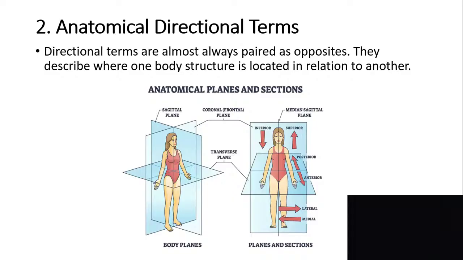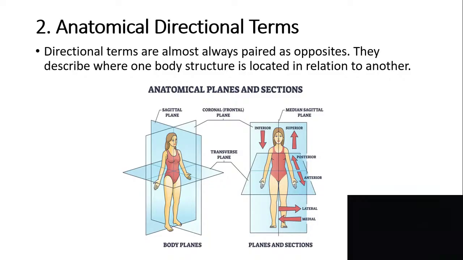If you can see, the sagittal plane is giving us the posterior and anterior. Then we have the transverse plane, which is giving us the superior and inferior, or what we call the proximal and distal. And then, of course, as you can see, we have what we call the coronal plane, which can give us medial and lateral.